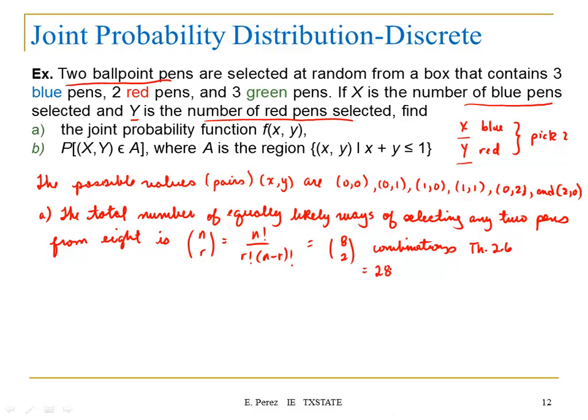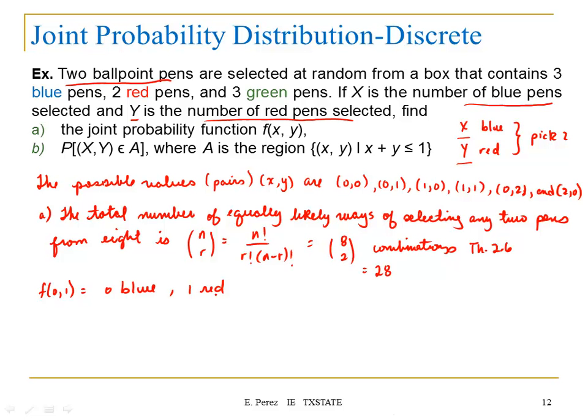So now, if we describe this function, f(0, 1), this means that you have 0 blue and 1 red, right? So f(0, 1) is the probability of selecting 1 blue and 1 red based on our definition for the random variables.